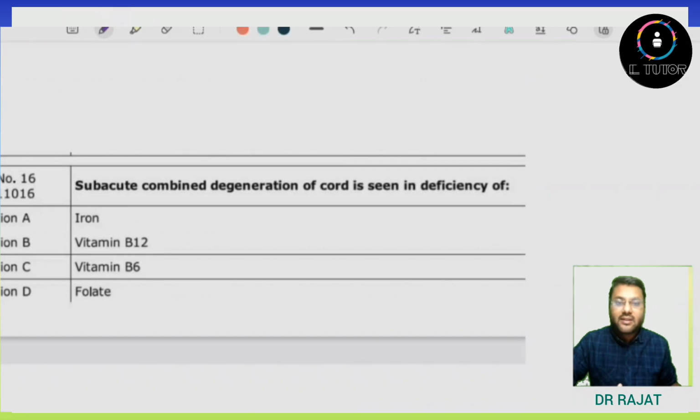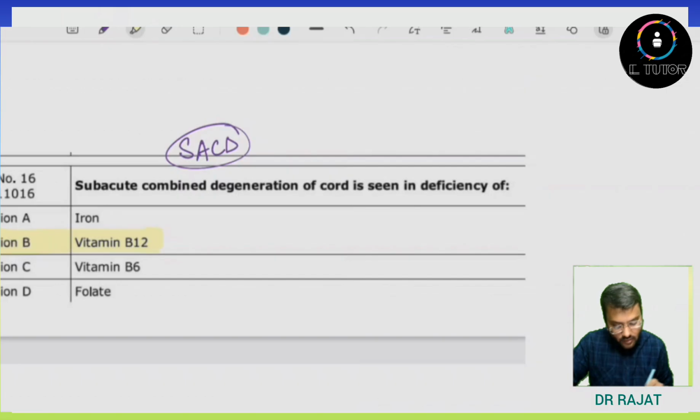Subacute combined degeneration, SACD of the cord, is seen due to deficiency of. This is a direct question. The answer here will be vitamin B12. It will also lead to pernicious anemia.